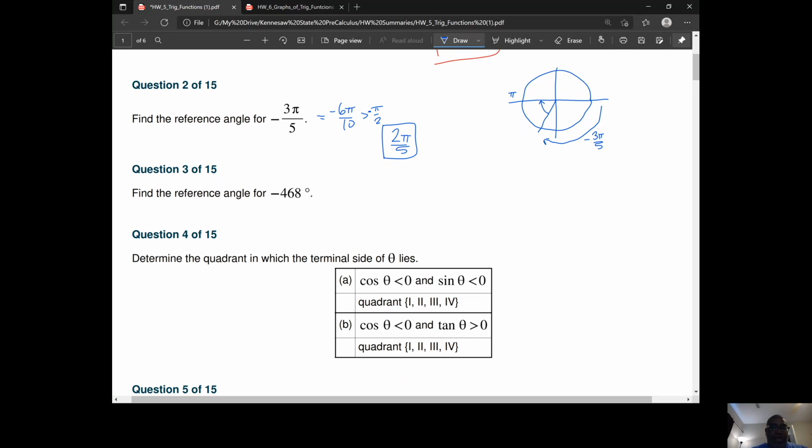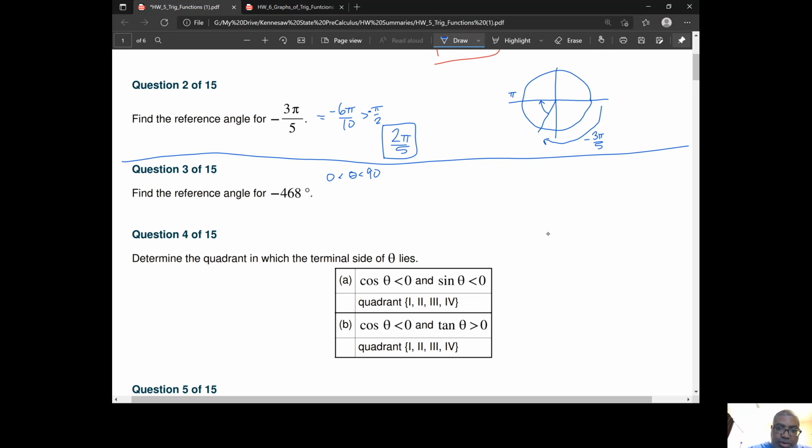Here it is. Find the reference angle for negative 468 degrees. The reference angle is between 0 and 90 degrees. Not equal to 0, that's not a reference. Actually, I don't think it equals 90 either, now that I mention it.